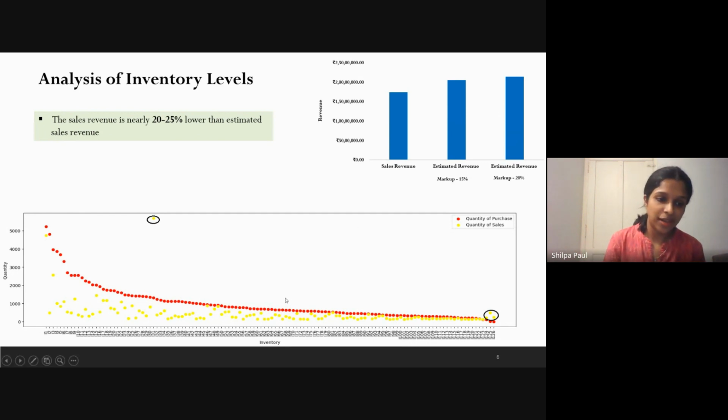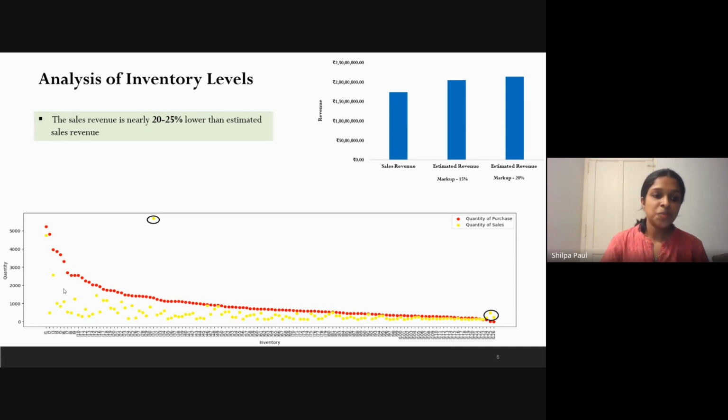But coming to the left side, where the purchase quantity and the sales are higher, we can see that there's a huge gap between the purchase quantity and the sales quantity. And when we talk about inventory like paint and paint tins, it is something that is prone to the effects of time.